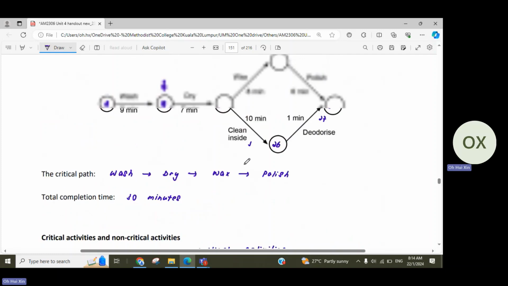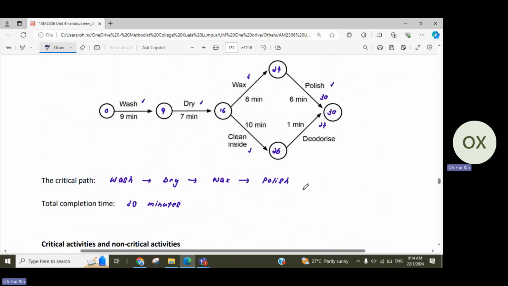For example, just now we said that wash, dry, wax, and polish is the critical path, right? Which means that clean inside and deodorize are not on the critical path.